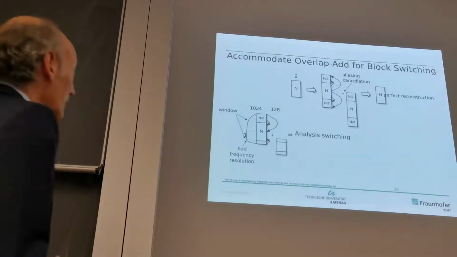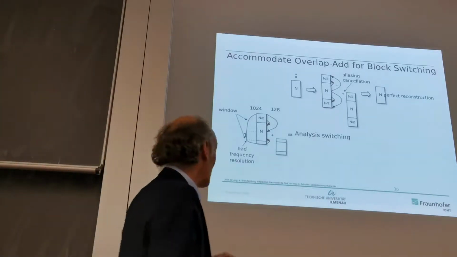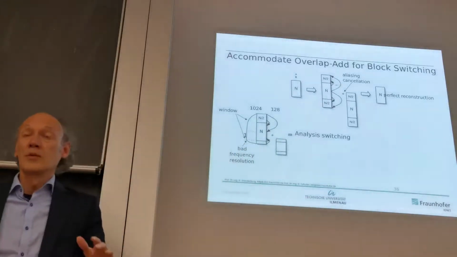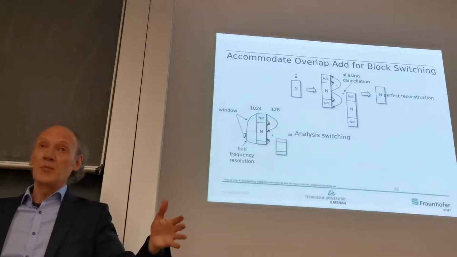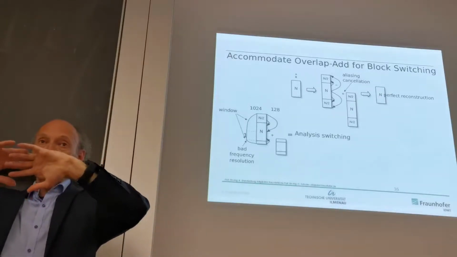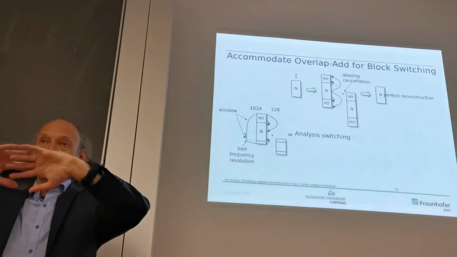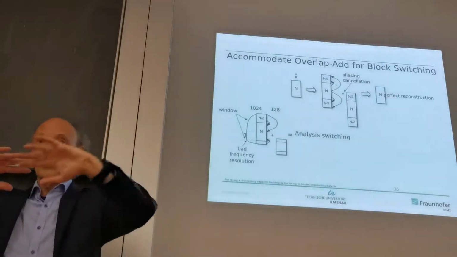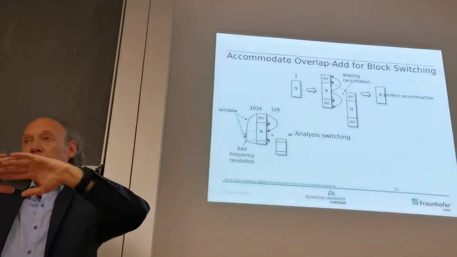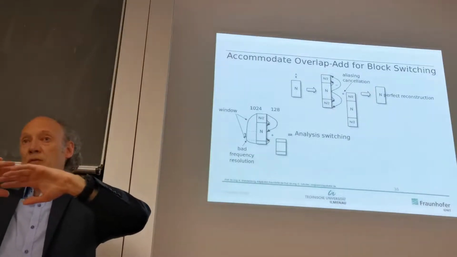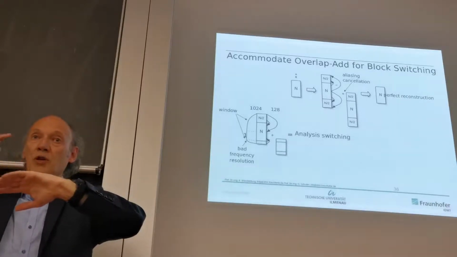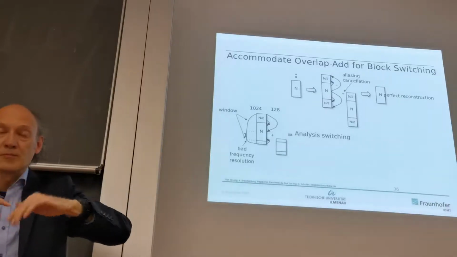Yeah, the way this transition to shorter blocks is done, despite the overlap, can be seen here. So remember, in the MDCT, we have two windows of length of 2 blocks overlapping by 50%. That means the first window and the next window overlap, and you also need this overlapping in the synthesis to do the reconstruction. They need to add up in order to cancel aliasing and also in order to get the perfect reconstruction.